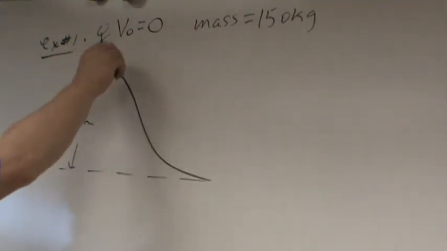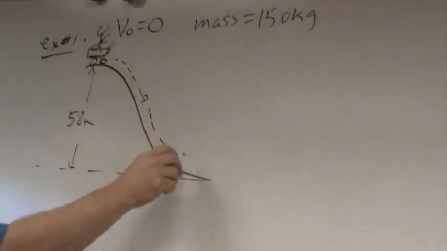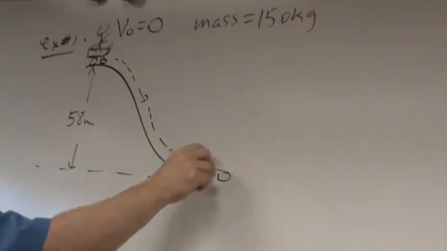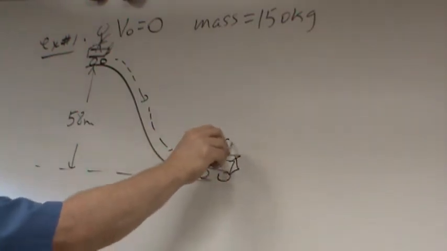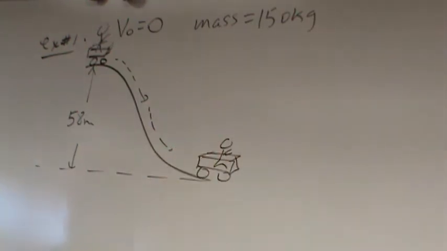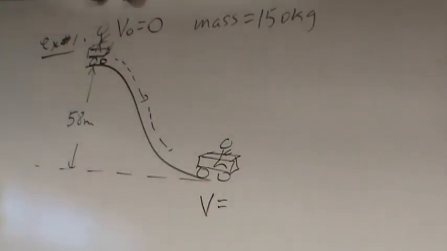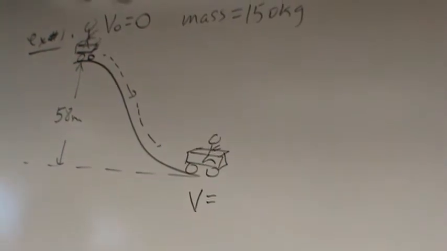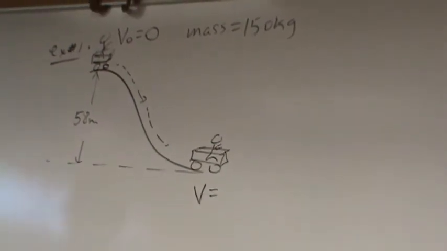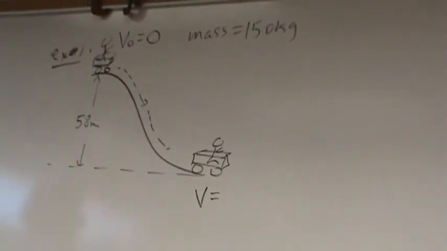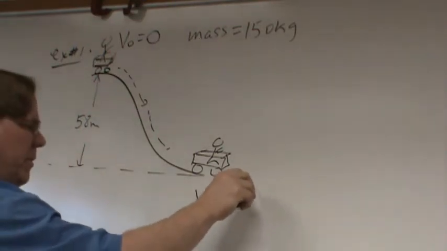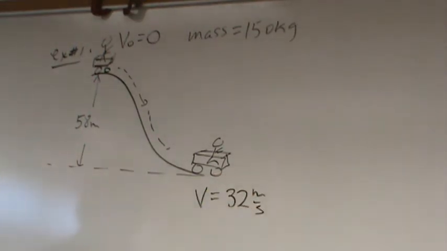This roller coaster is going to go down this hill until it ends up right here. And at this point, the roller coaster obtains a speed of 32 meters per second. That's the final velocity.